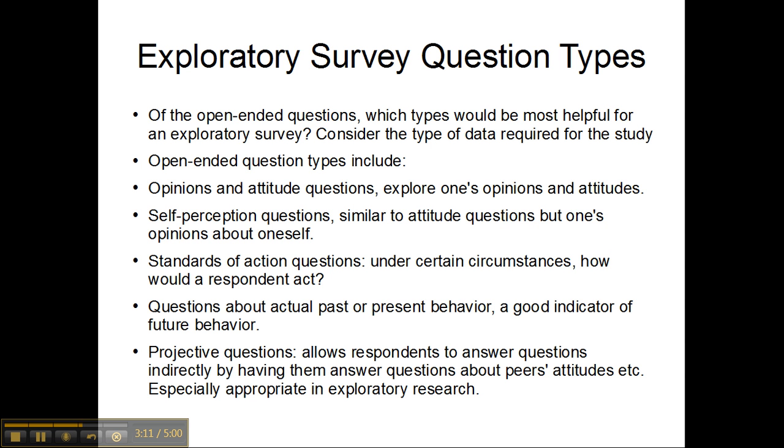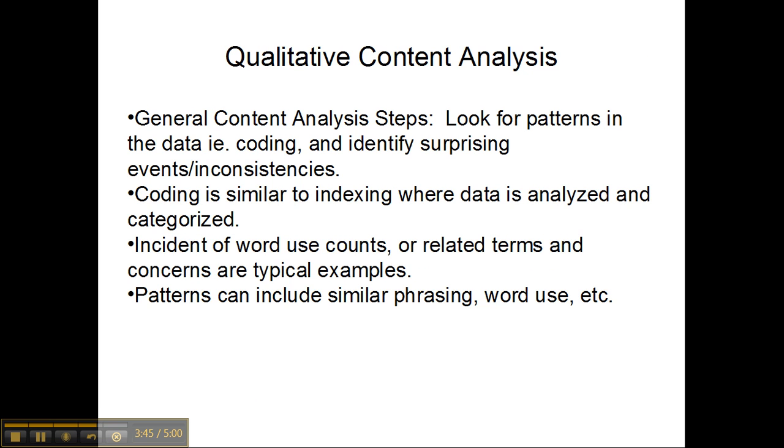Open-ended question types include opinions and attitude questions, self-perception questions, standards of action questions, questions about actual past or present behavior, and projective questions, where respondents are indirectly asked about themselves by answering questions about their peers' attitudes, which works especially well in exploratory research because people are a little more open about talking about their friends' or peers' attitudes than their own.